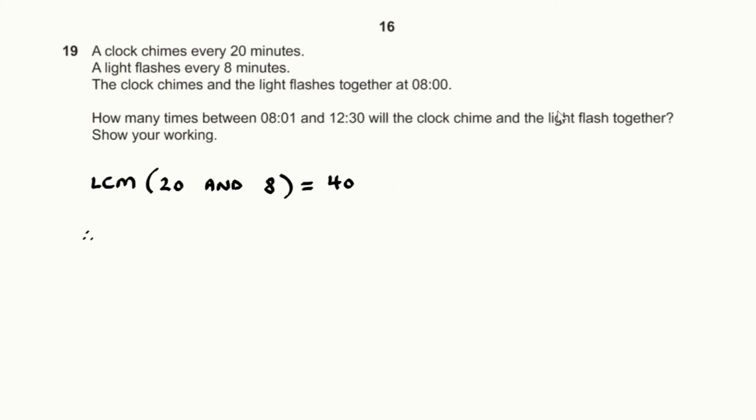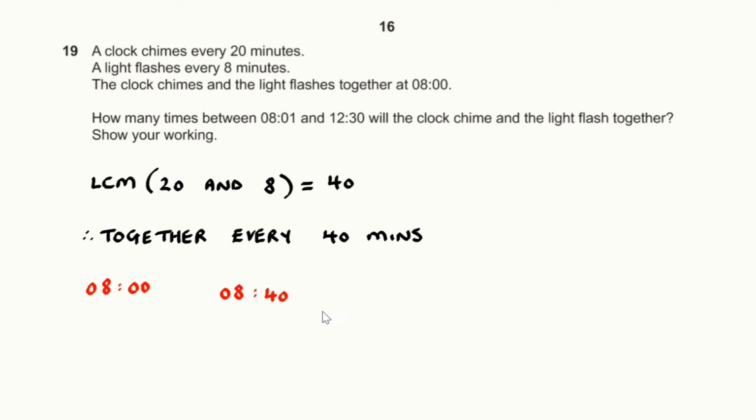So therefore, they are together every 40 minutes. So we start off with 8 AM. And then if I add on 40 minutes, I get 8:40. Add on another 40 minutes, we get 9:20.